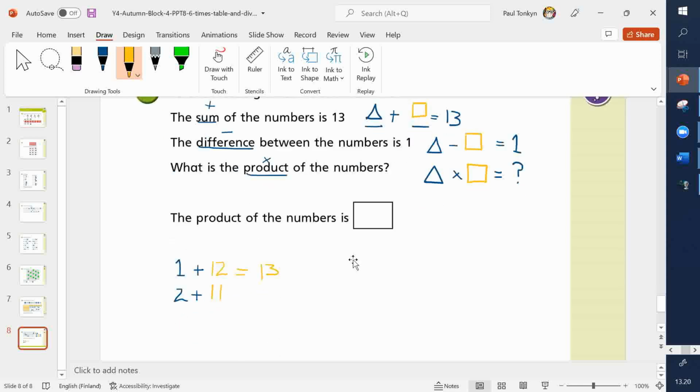We have to look at all the different ways of making 13. How about 3 plus 9? Actually, I'll write over here. Now we're on to 5. 5 plus what? Good. Next one. 6 plus what? 7, right. Now next one. So 7 plus.